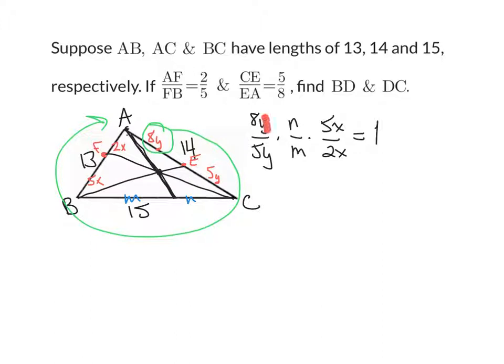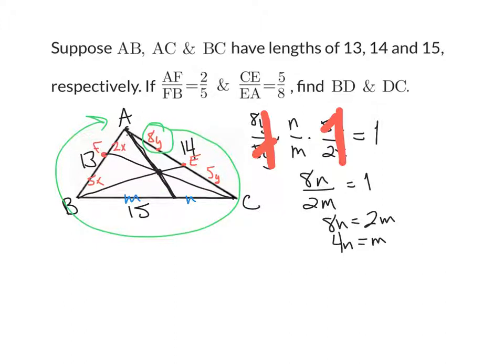For instance, I've got y over y, so those will cancel. X over x, those will cancel. This 5 and this 5 will cancel. Then I'll be left with 8n over 2m is equal to 1. Multiplying both sides by the 2m, 8n is equal to 2m, or 4n is equal to m.